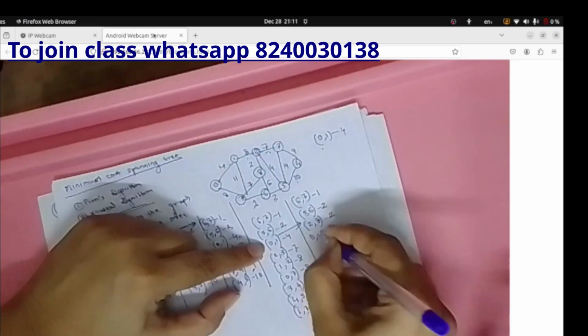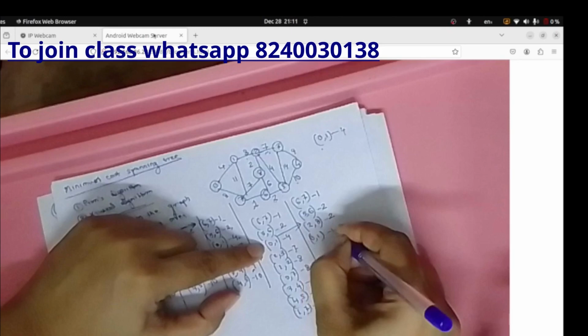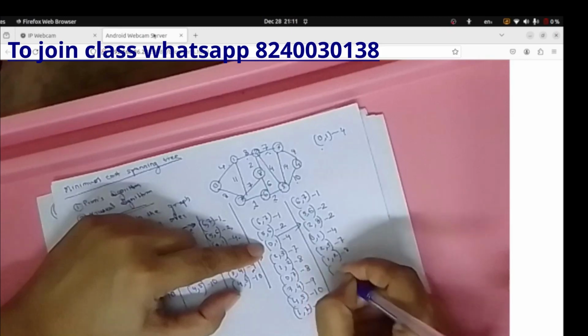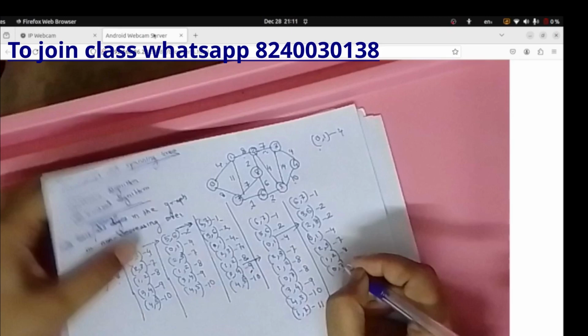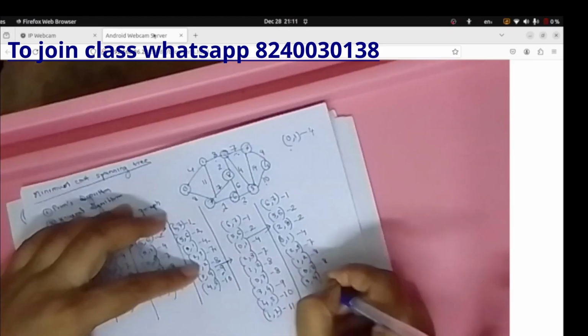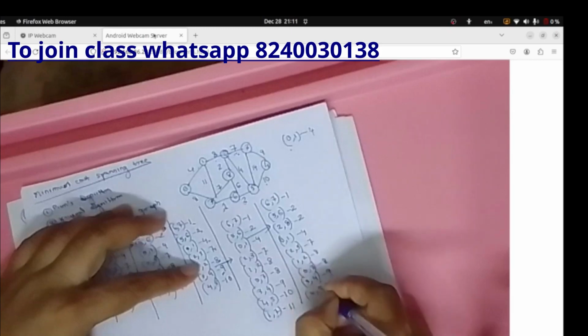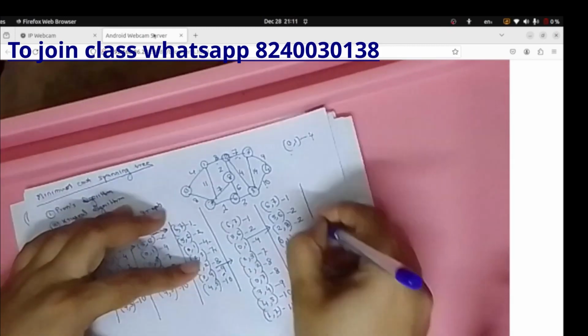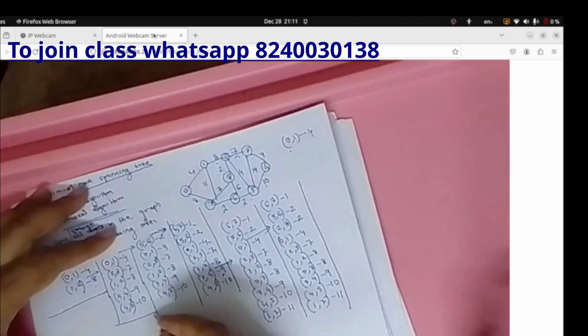So 0, 1 has weight 4, then 2, 3 has weight 7, then 1, 2 has weight 8, 0, 7 has weight 8, then 3, 4 has weight 9, then 4, 5 has weight 10, then 1, 7 which has weight 11.